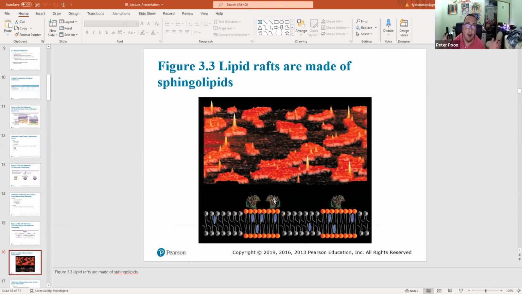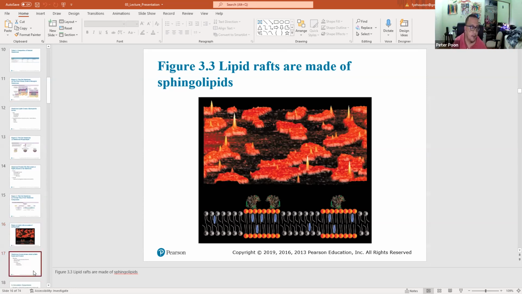The whole concept of the fluid mosaic model is that these things are mobile and they're constant. These rafts are kind of floating around on your cell membrane and they're kind of moving across your cell membrane slowly, like rafts would do.